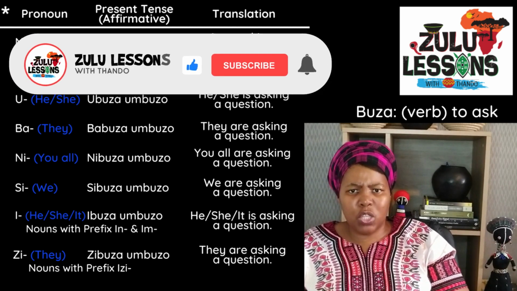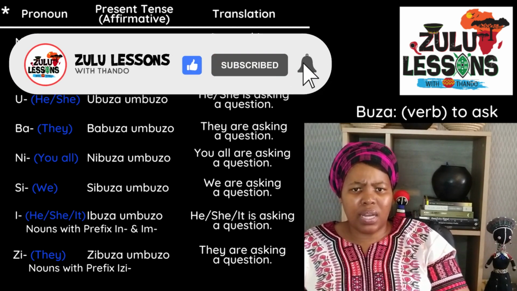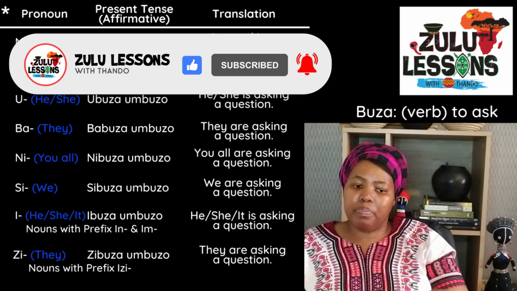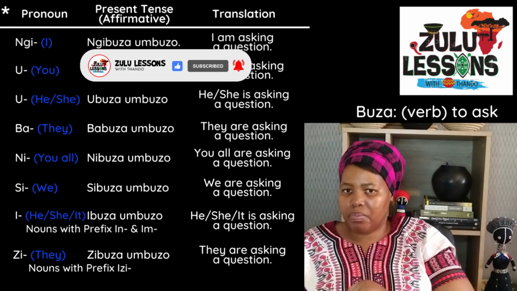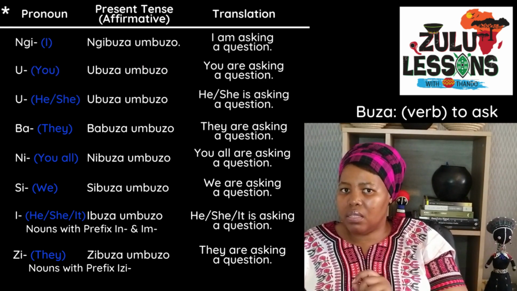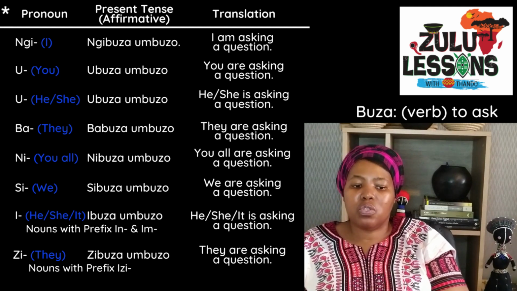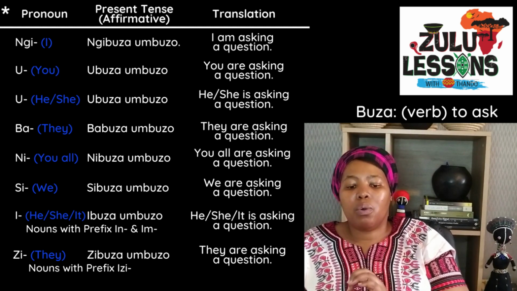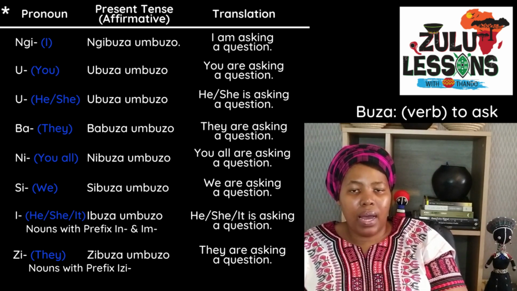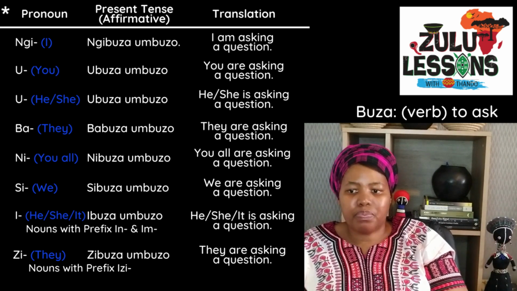Do you see? Indoda, the man, ibuza umbuzo. Now the plural, izi is the prefix for those nouns. So, zibuza umbuzo. They are asking a question.